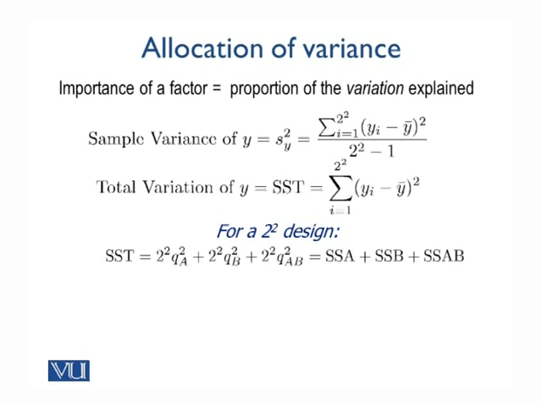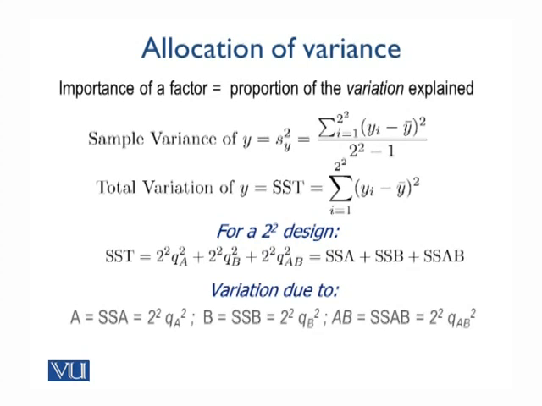So now if we are interested in explaining how much of the variation is explained by factor A, how much of the variation is explained by factor B, and similarly for the interaction AB, we can simply divide SSA by SST, SSB by SST, and so on.